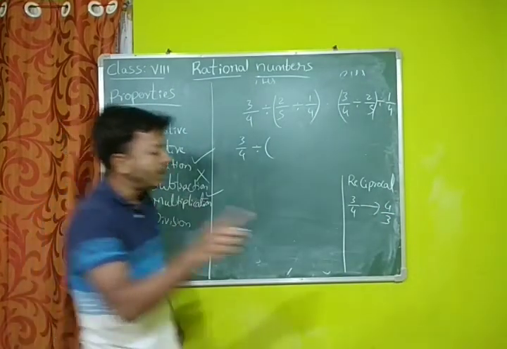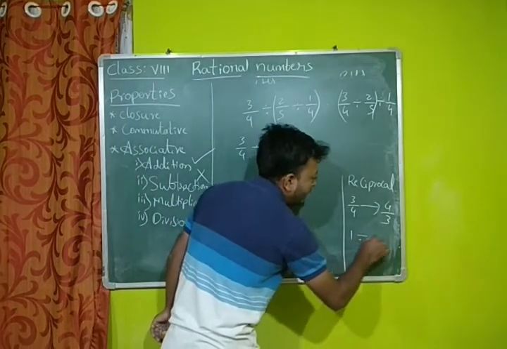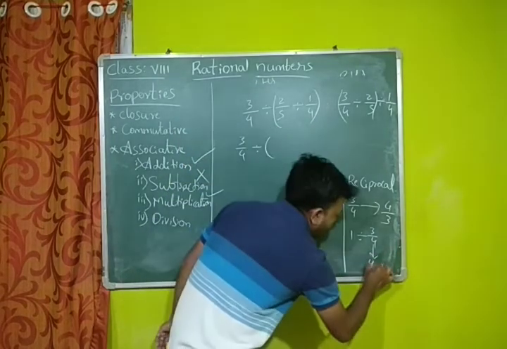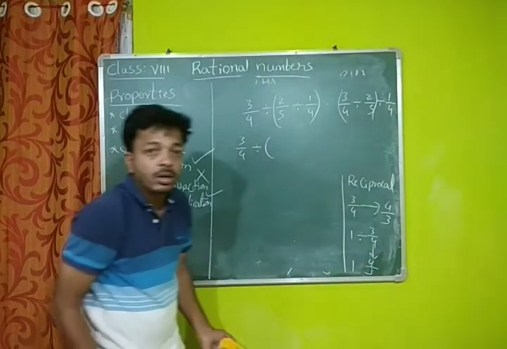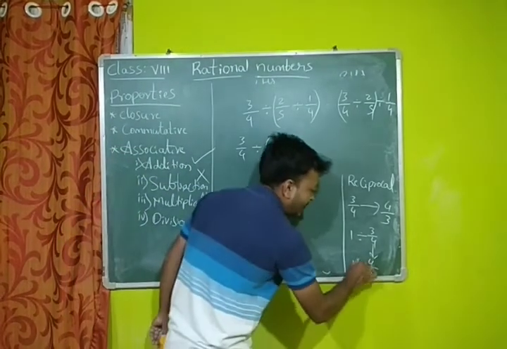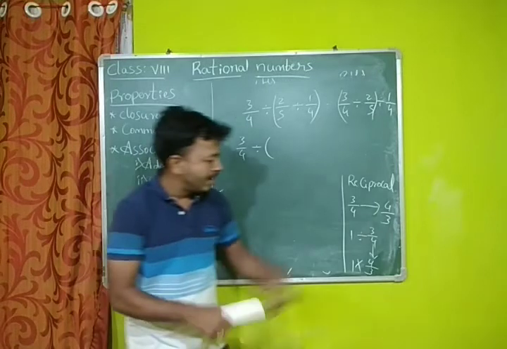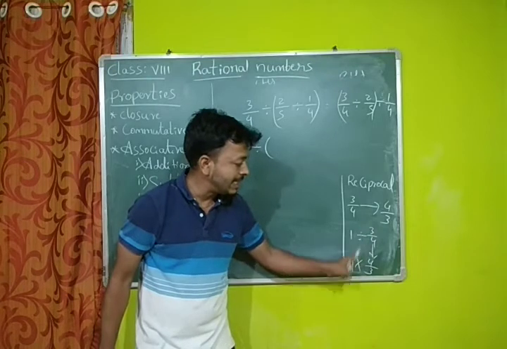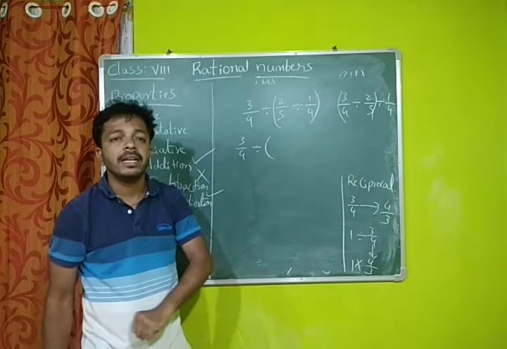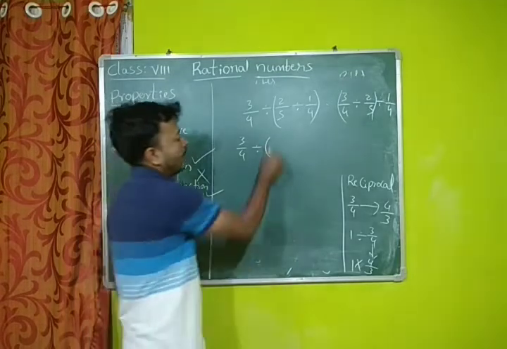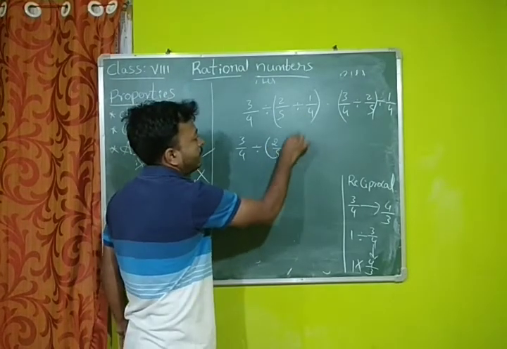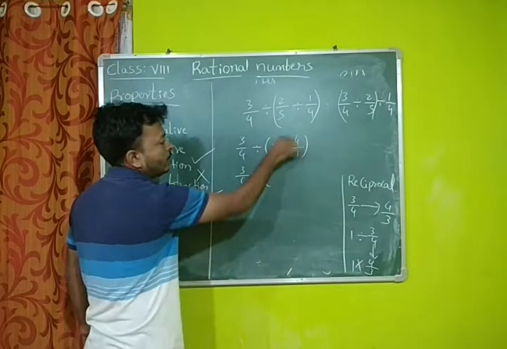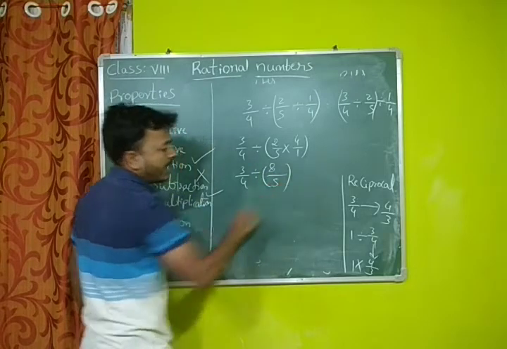And you should remember, if there is a division, 1 divided by 3 upon 4, if you take the reciprocal, 4 upon 3, then the sign will be what? Yes, multiplication. Here, if you take the reciprocal of 3 upon 4, that is 4 upon 3, this division sign will become a multiplication sign. That concept we have to use here. 2 upon 5 multiplied by 4 upon 1. 3 upon 4 divided by 2 4s are 8, 5 1s are 5.